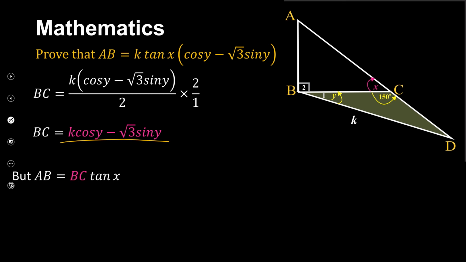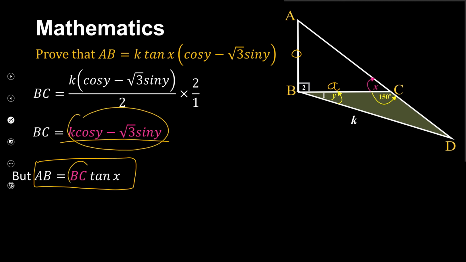But remember, we started off with AB was equal to BC tan x when we just started, using this triangle, because we said tan of x was equal to opposite over adjacent. We did that already. Now I'm going to take this expression for BC and substitute it in here. And let's see what happens. We ended up with k times cos y minus root 3 sine y times tan of x.